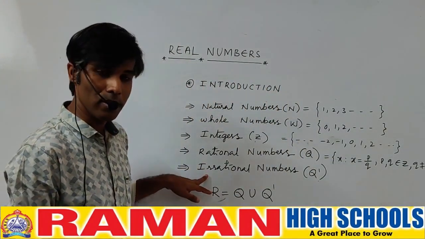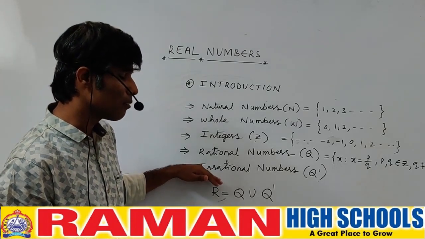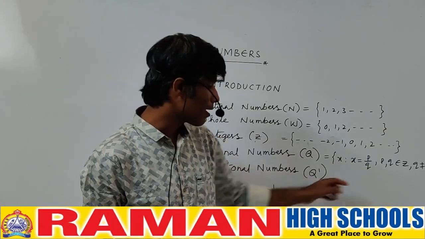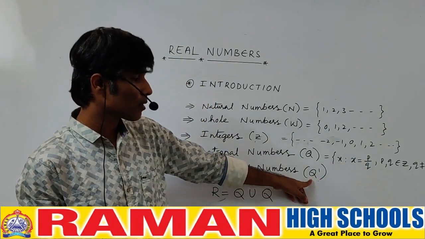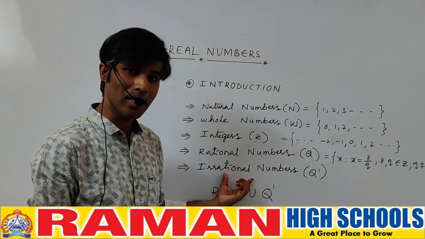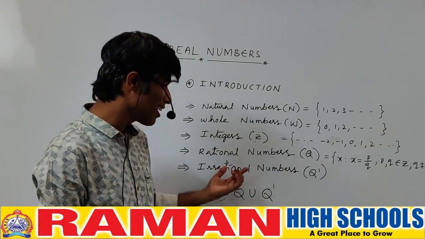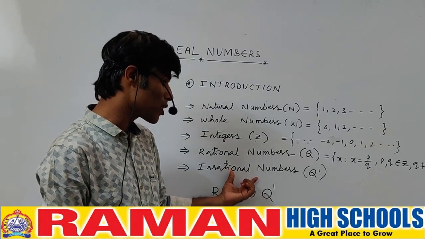And irrational numbers. Irrational numbers are the numbers which cannot be written in the form of p by q, and they are denoted by Q dash. There are some other definitions for irrational numbers, which we will learn when dealing with irrational numbers.